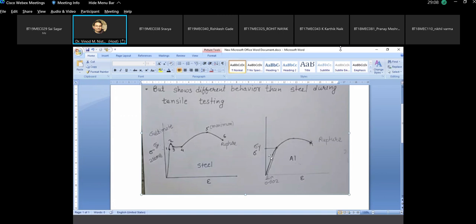This is point O and this is point A. A line parallel to line OA is made from the 0.002 strain value, and wherever it cuts the stress strain graph, that point can be defined as the yield point of the material. So this is a method to define the yield point in the case of aluminium.